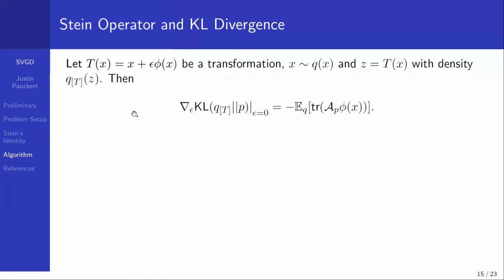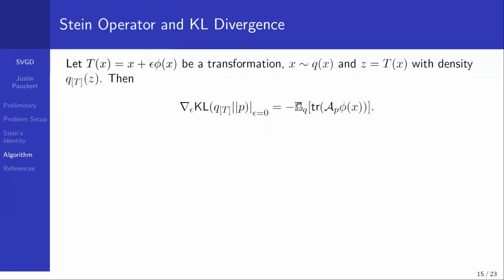Then we can compute the gradient again. And if we do compute the gradient of the KL divergence, which is, again, remember our error function, then this is equal to this expression right here.